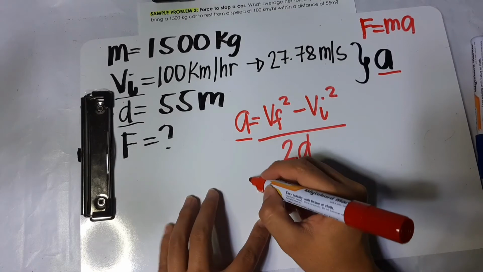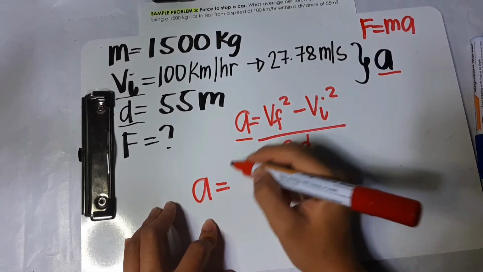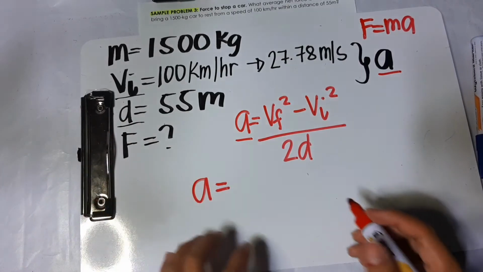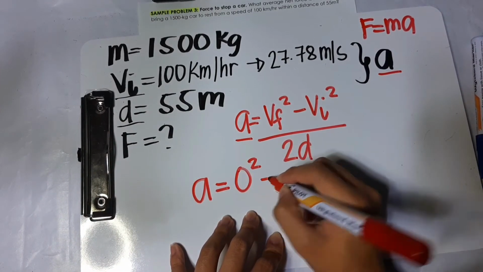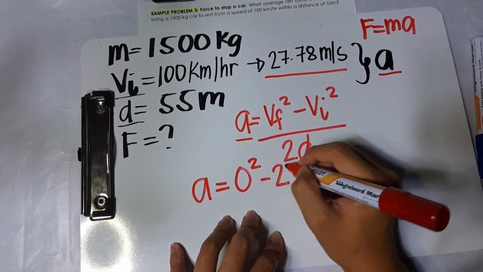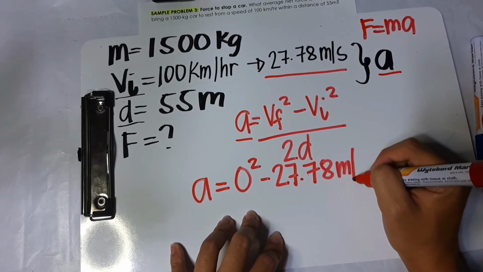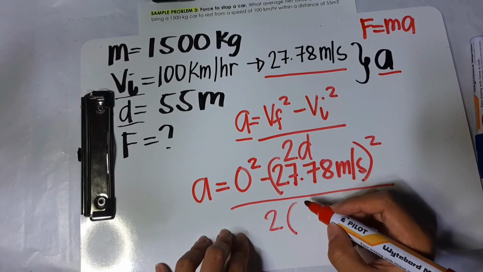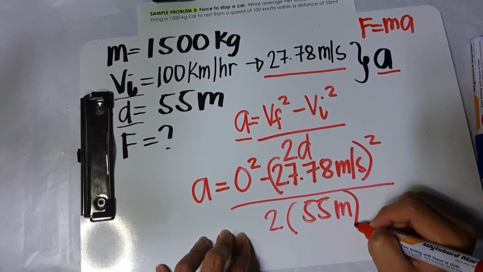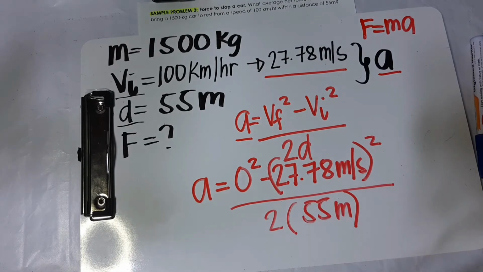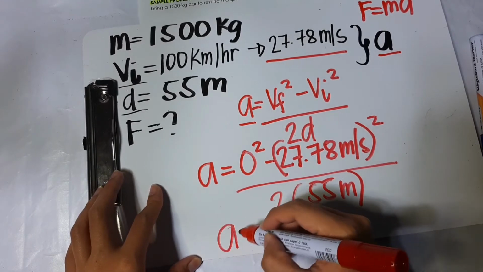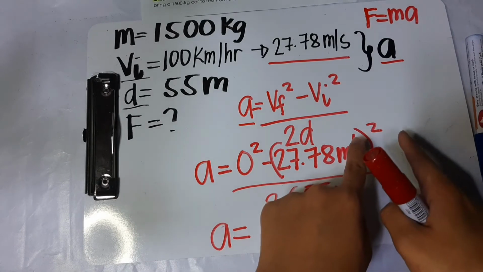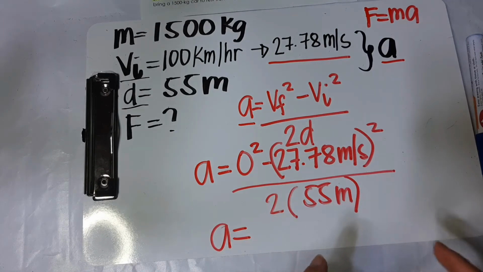So we're going to use this one to solve for the acceleration. First, your acceleration is equal to the final velocity, which is not given in the problem, so that's automatically 0 squared, minus the initial velocity, which is 27.78 meters per second squared, divided by 2 times the 55 meters.